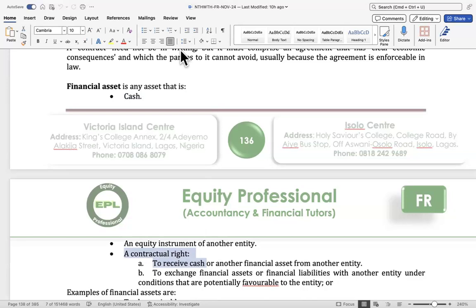Yes, if it is for commercial purpose. Okay, so that means we might consider classifying motor vehicle as a financial asset, because any item that meets this definition is a financial asset.